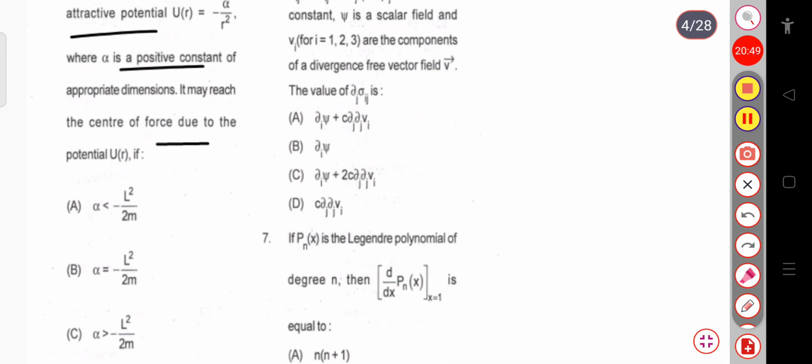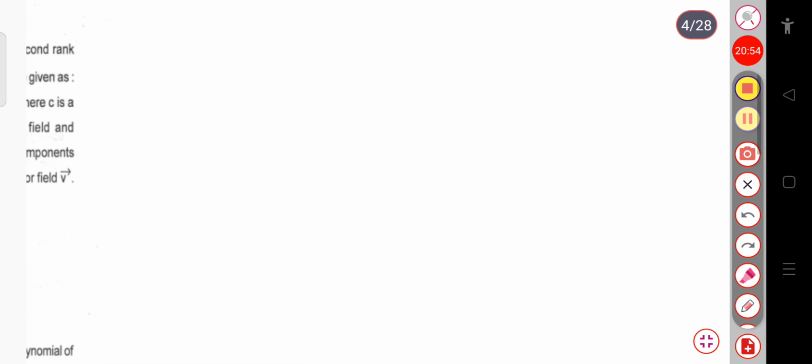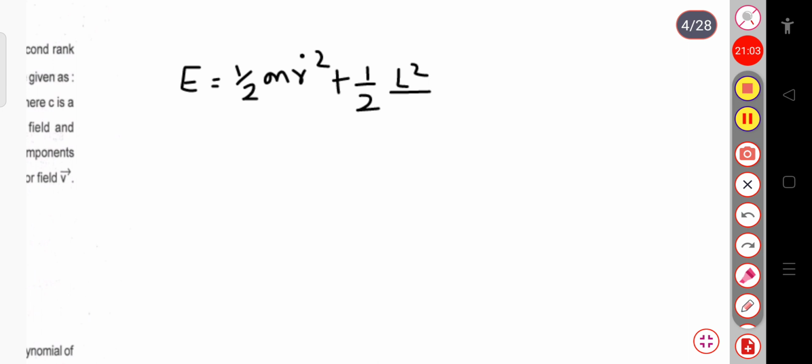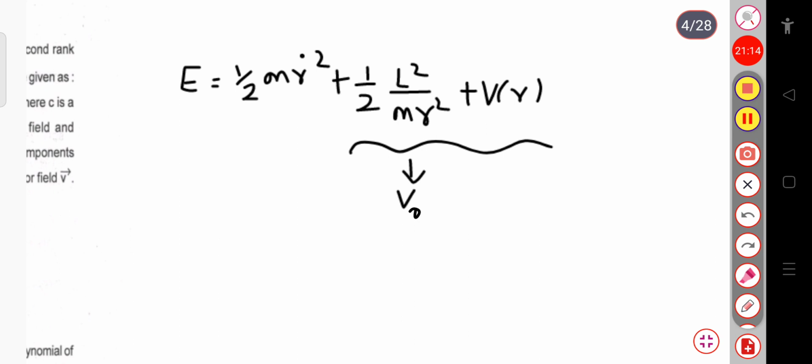When a particle is under central force, the total energy E can be written as 1 by 2 m r dot square plus 1 by 2 L square divided by m r square plus the potential V of r. This total is known as V effective, the effective potential.